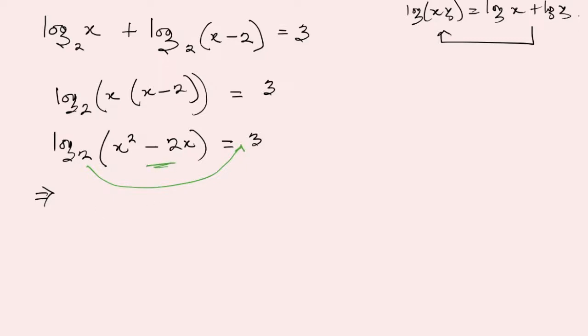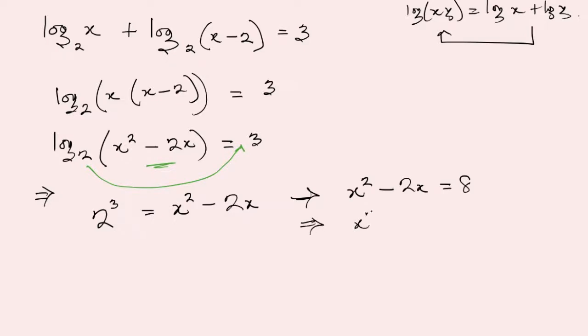This is going to be 2 raised to the power 3 is equal to x squared minus 2x. So x squared minus 2x equals 8, and x squared minus 2x minus 8 equals 0.